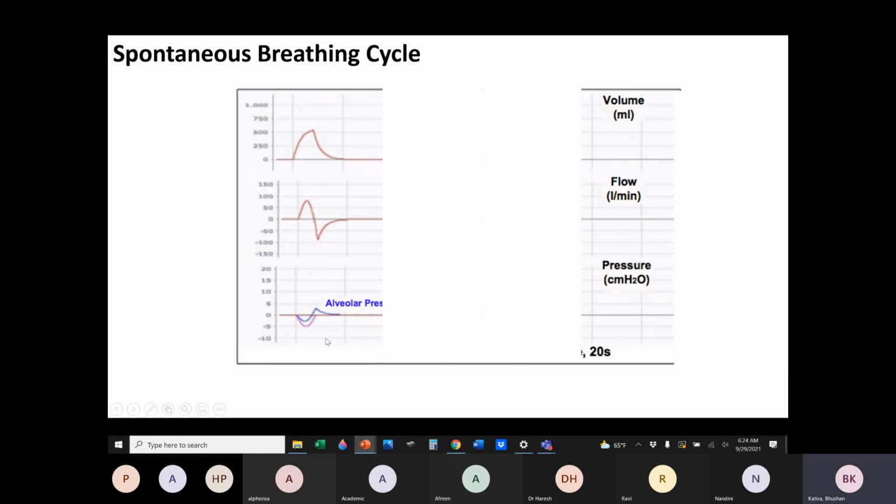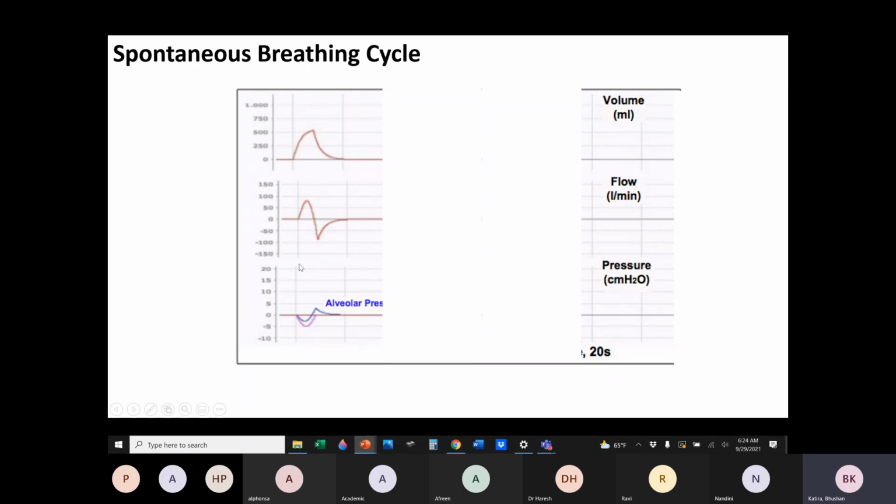Usually for every 1 millivolt, you will get 1 centimeter of water. So the pink line here is the muscle pressure. As the muscle pressure becomes negative, it drops below 0, say -5, you create a pressure gradient.